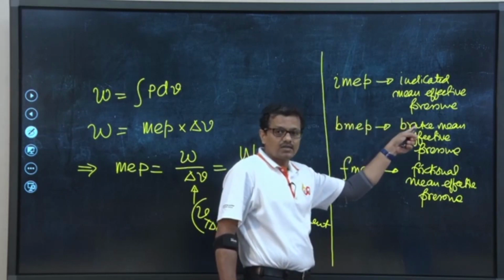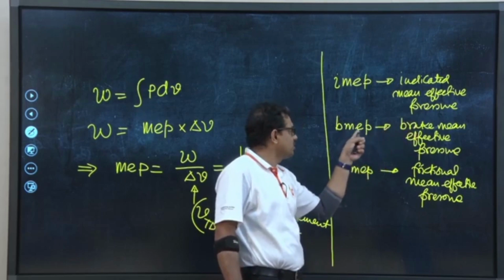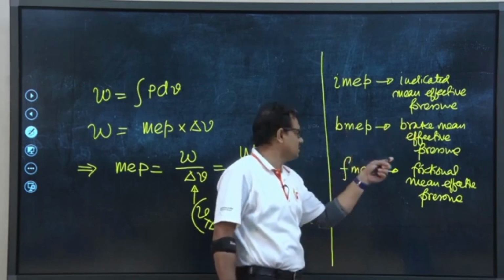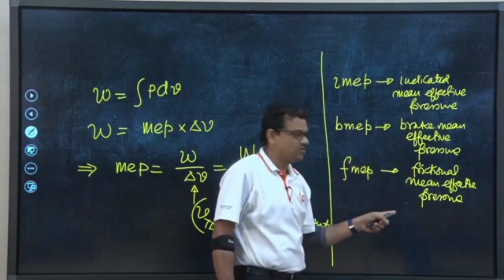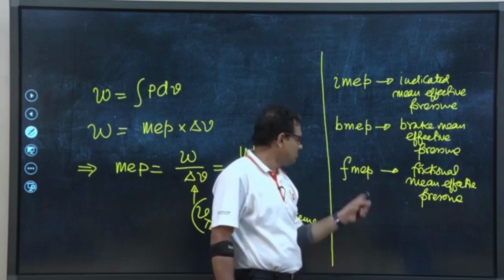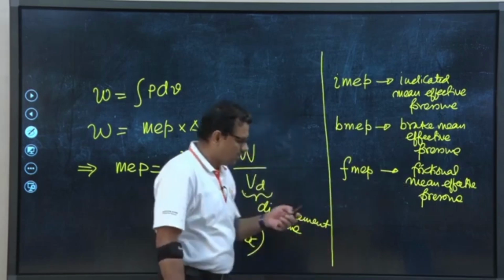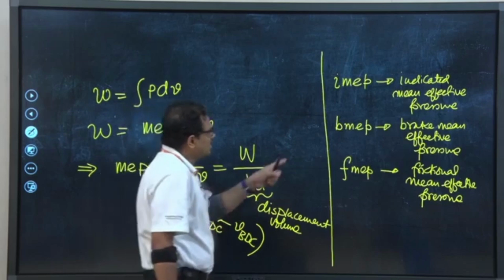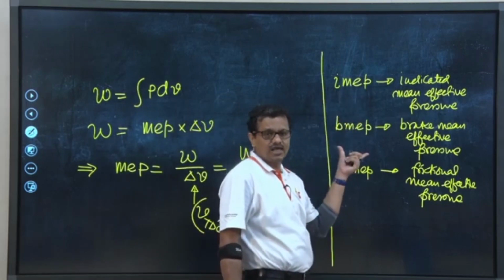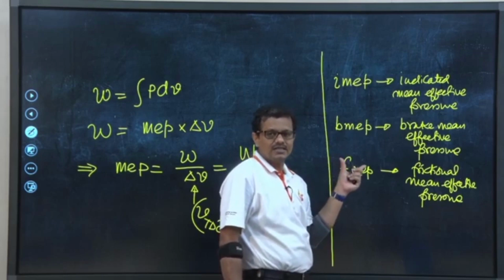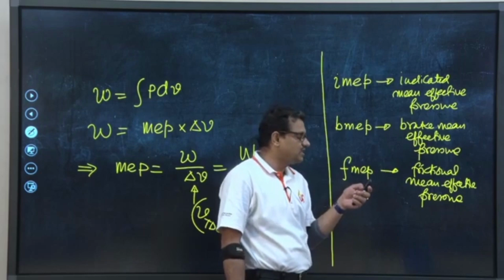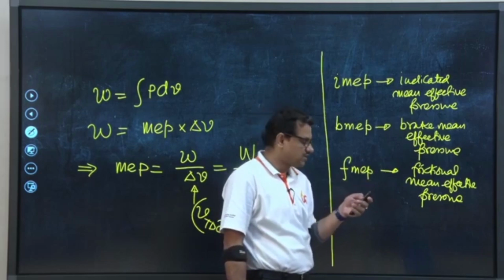If it is brake work, that work will correspond to brake mean effective pressure. If it is frictional work, that work will correspond to frictional mean effective pressure. So, from the several mean effective pressures that we have written over here, we can see that different works are available in the context of internal combustion engine operation.